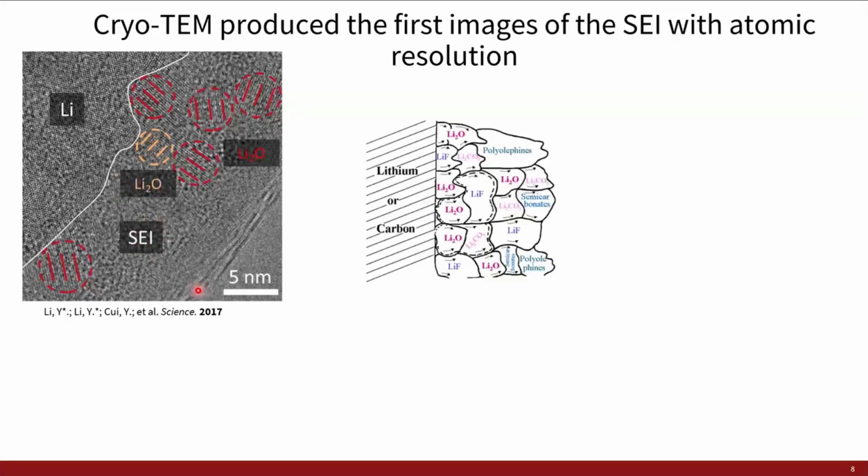And if you compare this kind of picture of the SEI from high resolution cryo-TEM to this more conventional SEI model, where we think of this mosaic of different phases within the SEI, it looks pretty similar. We can see lithium oxides, lithium carbonates, along with the multitude of organic materials within this amorphous matrix.